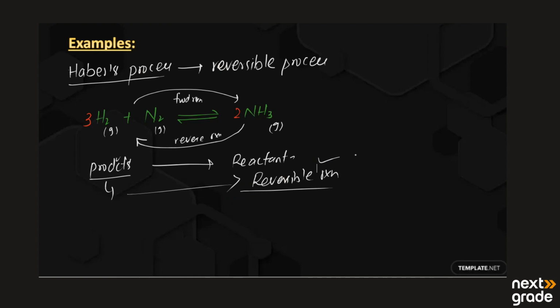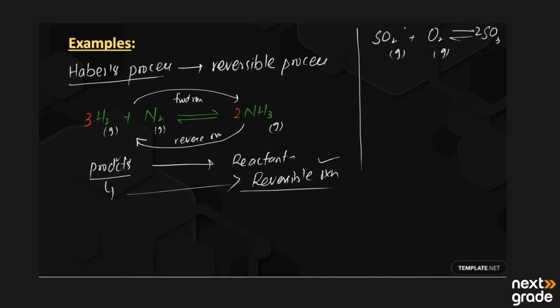We have a lot of examples around us related to reversible processes, and some processes that cannot be reversed. Another example: sulfur dioxide gas combines with oxygen gas to give sulfur trioxide.